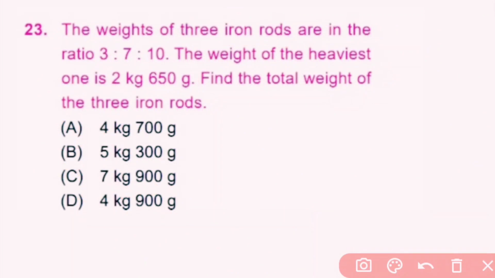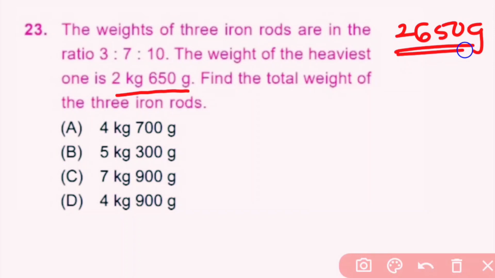Question number 23. The weights of 3 iron rods are in the ratio 3:7:10. The weight of the heaviest one is 2 kg 650 gram. Find the total weight of the 3 iron rods. Now here we first convert the 2 kg 650 gram into gram. 2 kg and 650 gram is equal to 2650 grams.